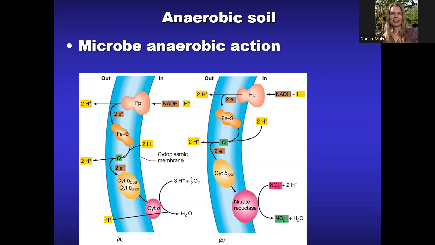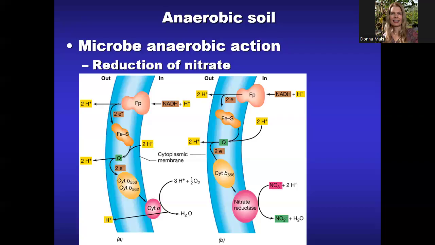Most of the microbes that hang out with plants and help them use oxygen. However, there's a bunch of microbes in the soil that prefer no oxygen. If you imagine the soil gets flooded, really saturated, and it persists for days, now the anaerobic microbes start to increase.